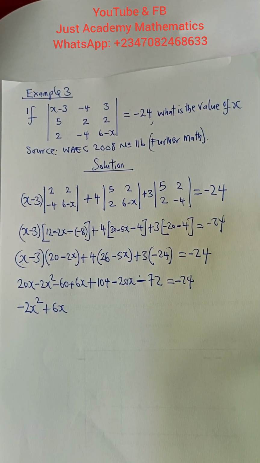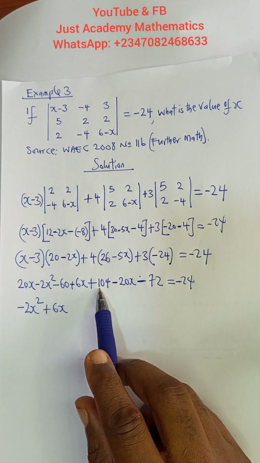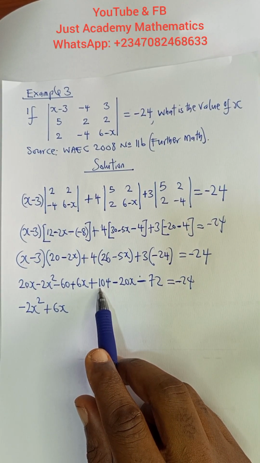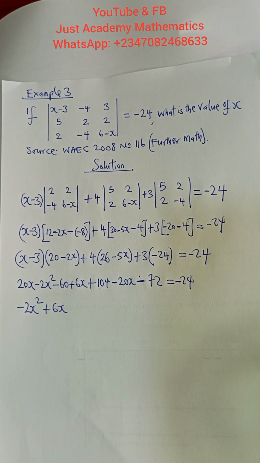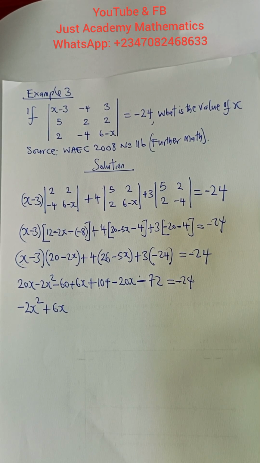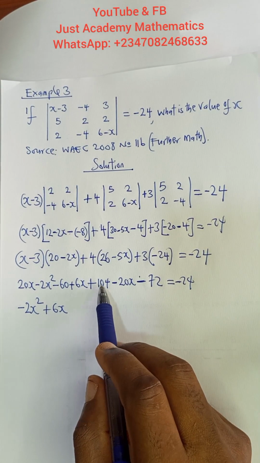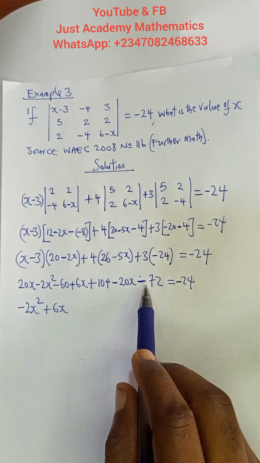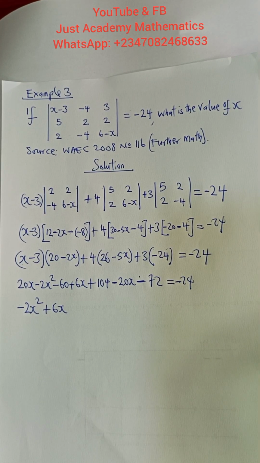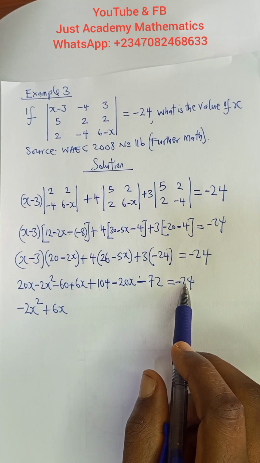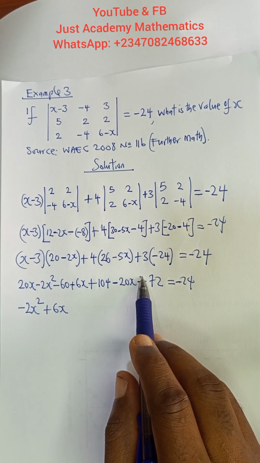Let's take the positive ones first: 104 minus 60 will give us 44. Then minus 72 will give us minus 28. Then when this one comes here, it becomes plus.